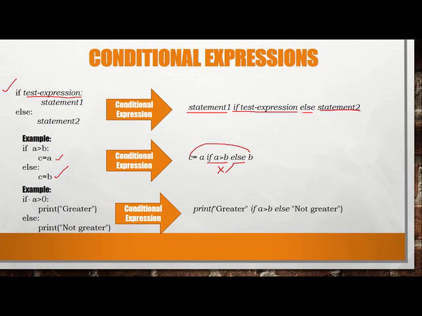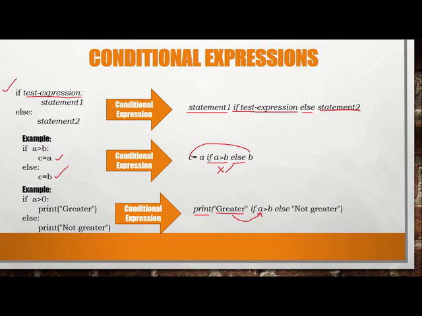Now look at the second example. If A is greater than 0, this is written in an if else statement: print greater, otherwise print not greater. So the conditional expression that corresponds to this if else block is print. You see, I'm writing this print just once, and it will print the word greater provided the value of A is greater than B. Look at the way we have written it.